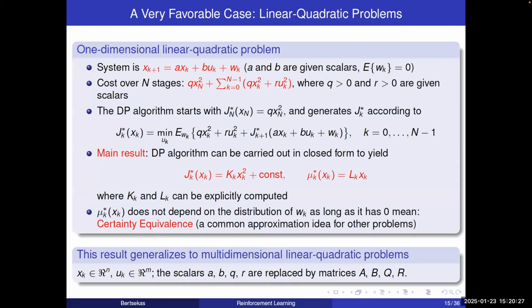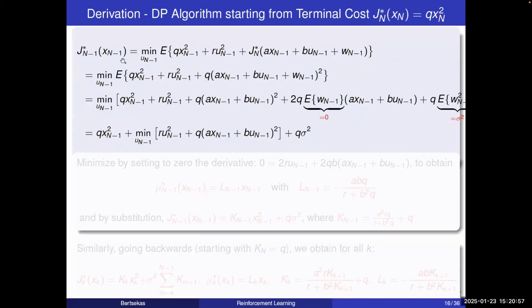So what I'm going to do now is do this computation going backwards from the terminal cost function all the way to the beginning and show you how this Kk and Lk are computed. It's a long but straightforward calculation.